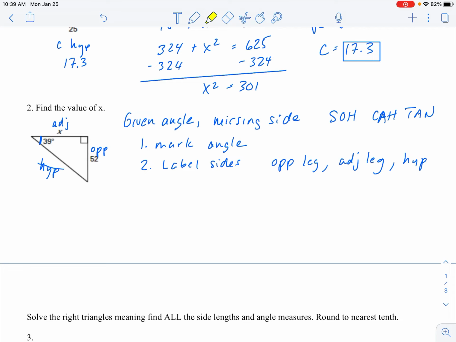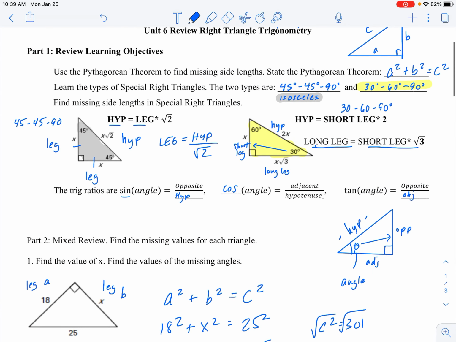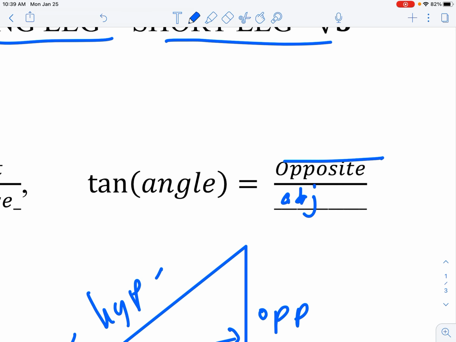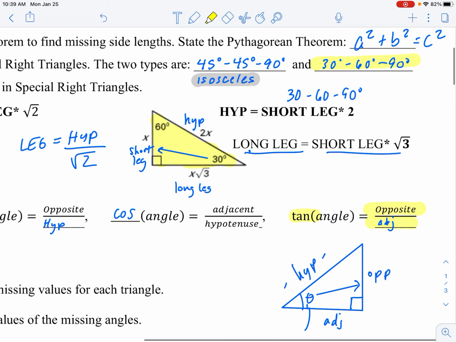And let's look what I have here. I've got adjacent and opposite. So, oh my goodness, I wrote this wrong. So if I've got adjacent and opposite, I am going to use the tangent because the tangent ratio, the tangent of the angle is the opposite side over the adjacent side.